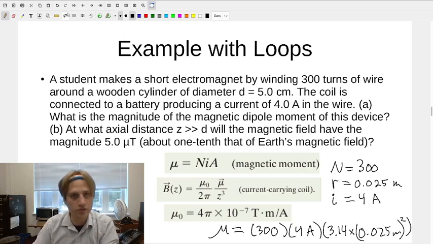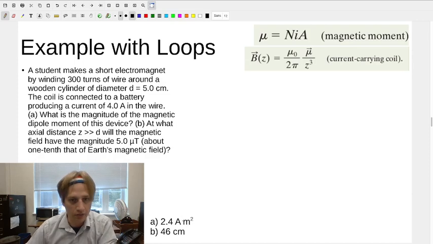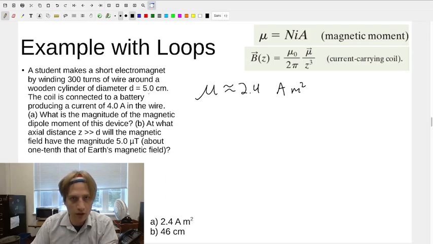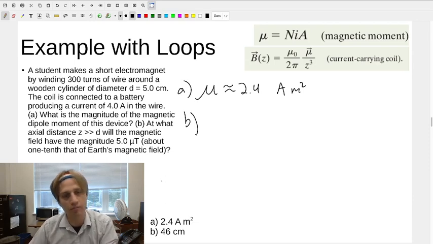It's easy to put those numbers in, and you would get around 2.4 amps times meters squared. So that's part A.